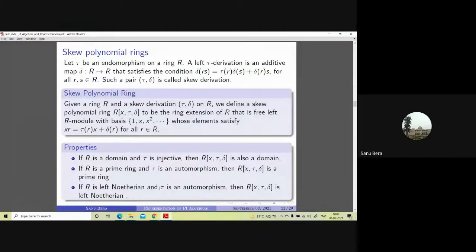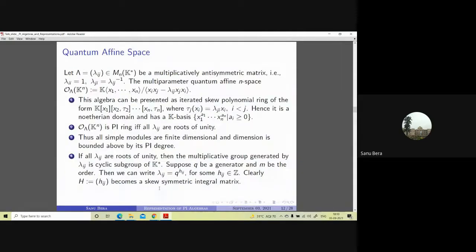When we take an example of a quantum polynomial algebra, it can be presented as a skew polynomial ring, and whether it is Noetherian or not follows from those properties. So now I will take the second part of my talk. Here I will consider two examples of quantum algebras.